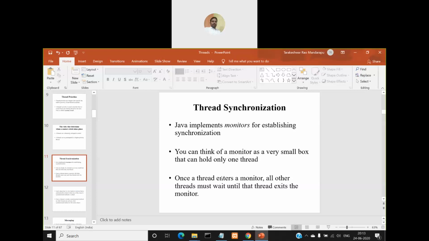Right. Then we have something else called thread synchronization. So what is synchronization? Synchronization is just nothing but some kind of coordination between multiple threads which are utilizing the same resources or which are sharing the same resources. So say for example, if I'm utilizing one resource, and if the other person does not know that I'm utilizing the same resource, he'll also try to utilize that resource, right?